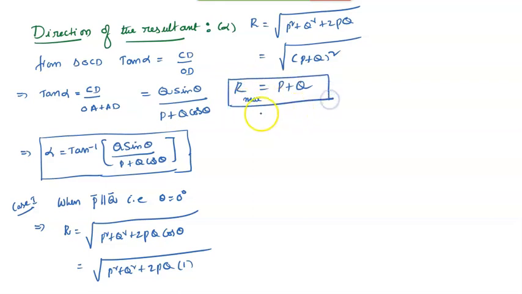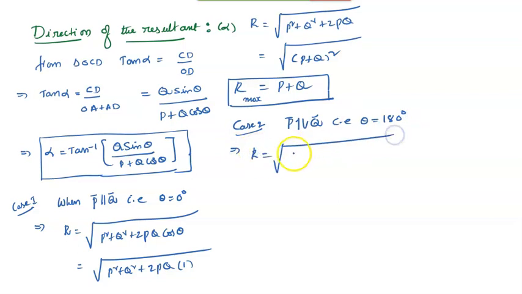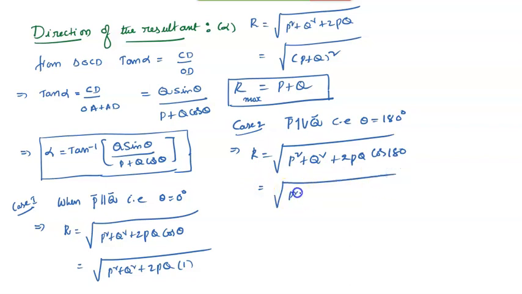This is case 1. And case 2, when P bar is anti-parallel to Q bar, that is, the angle between them is 180 degrees. We know that cos 180 is minus 1. From the formula of magnitude of the resultant, root over P square plus Q square plus 2PQ cos theta, with cos 180 equal to minus 1, we can write root over P square plus Q square minus 2PQ.